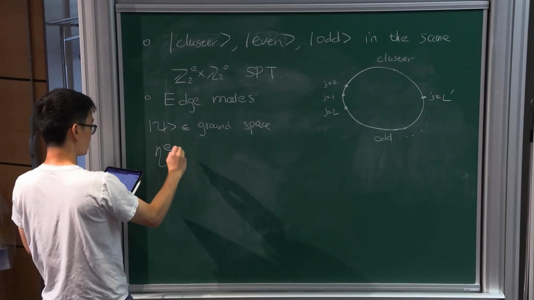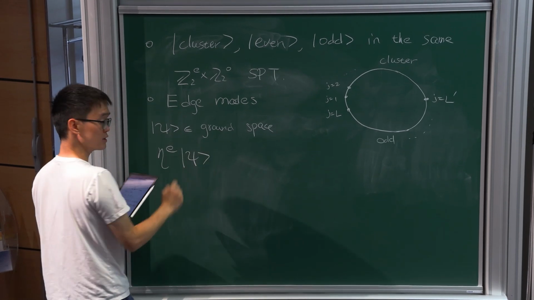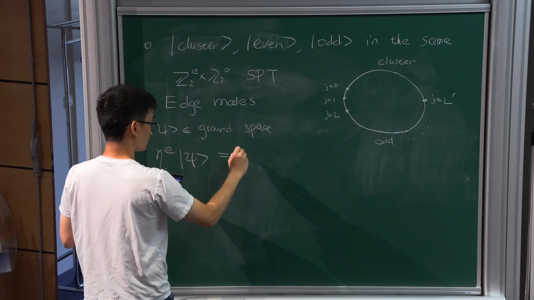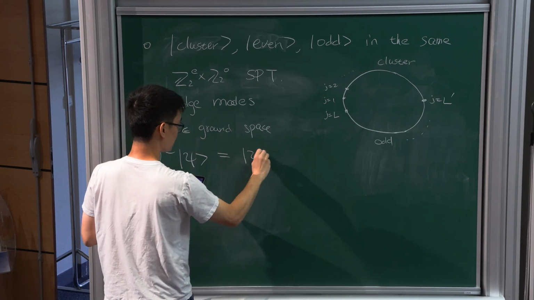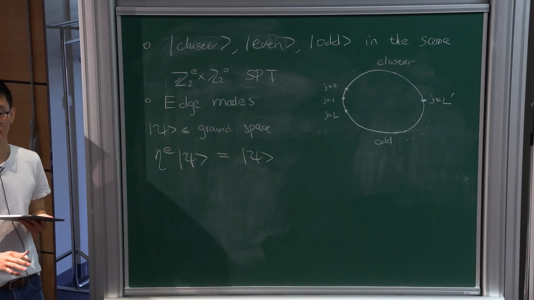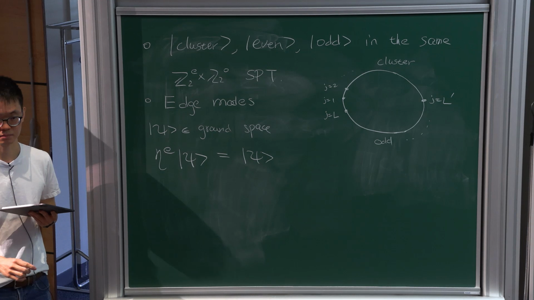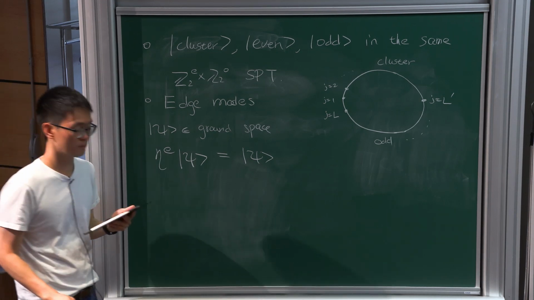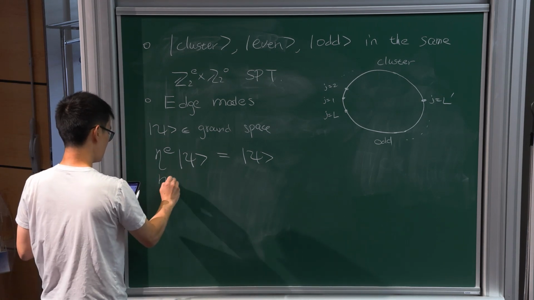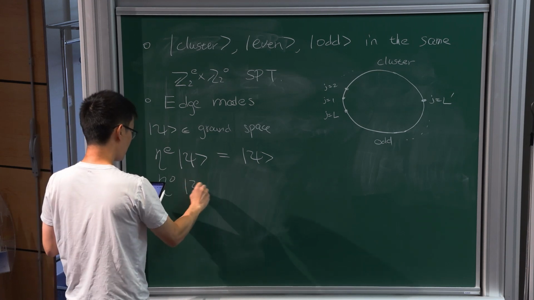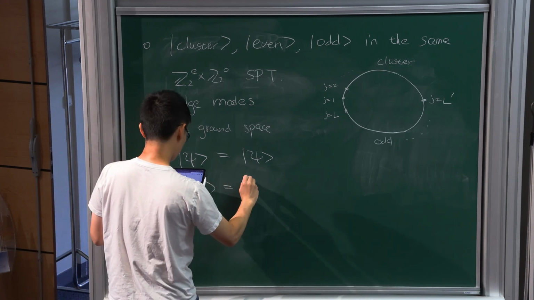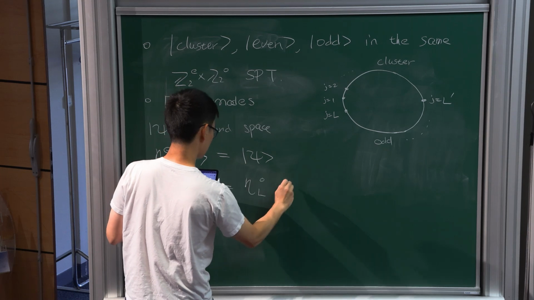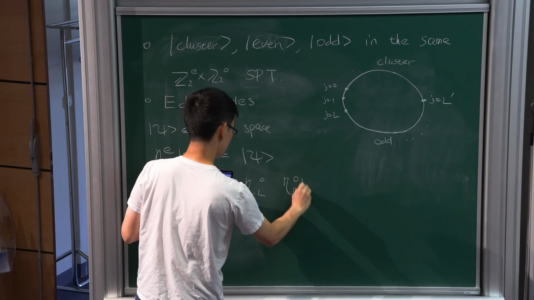You start with eta even acting on any such ground state. You find that this time it doesn't factorize into anything. It just acts completely trivially. If you work out eta odd, it factorizes into eta left odd and eta right odd.